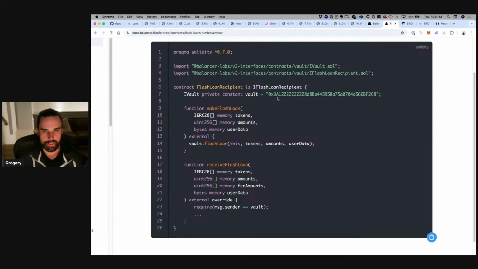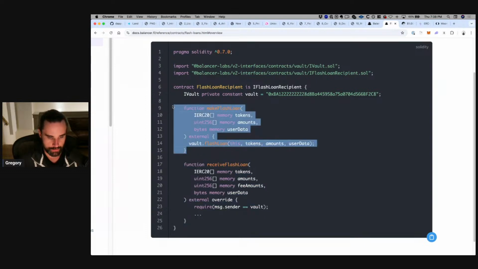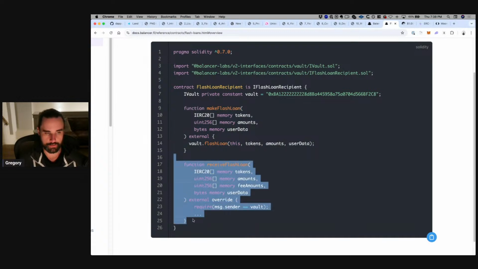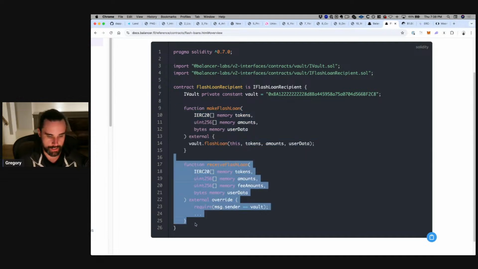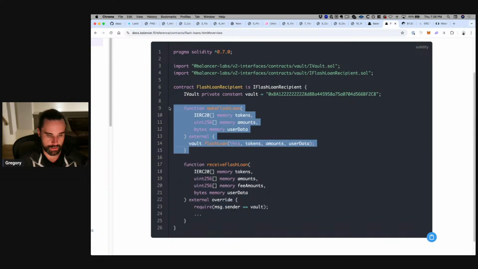Now, the flash loan contract needs two functions. The first function is to take out a flash loan. That's this makeFlashLoan function. And the second function is to receive the flash loan. So function 1 is right here. Function 2 is right here. Function 1 asks the vault, the Balancer vault, for the flash loan. You're saying, hey, give me the flash loan.